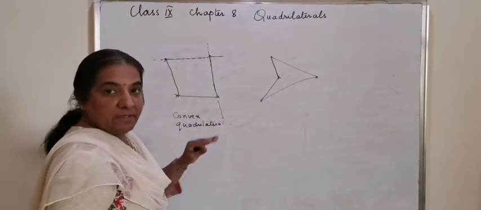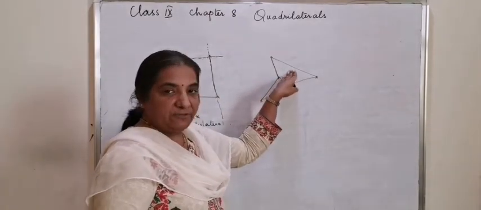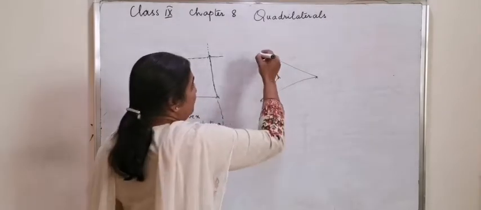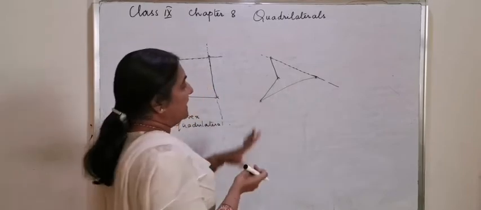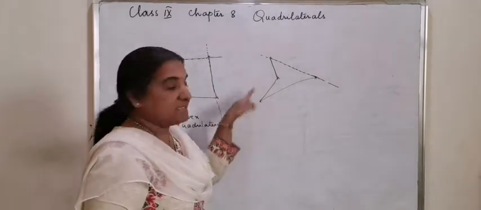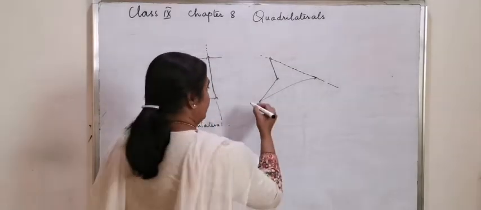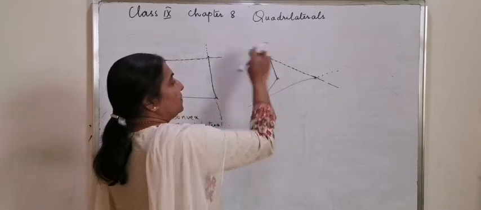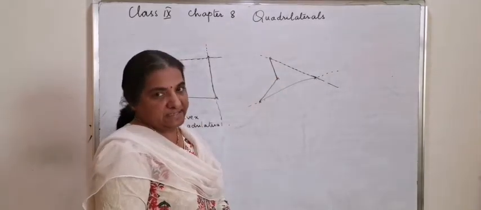Whereas, if you take 4-sided figures in this particular format, if this side is extended, the remaining 2 vertices are on the same side of the line extended. Similarly, if you extend this line also, the remaining 2 vertices are on the same side of the line extended.